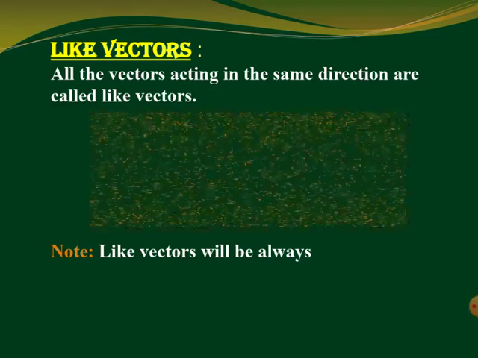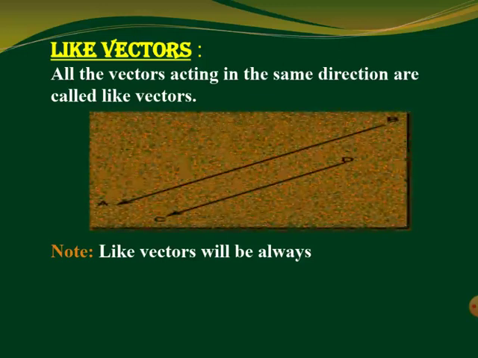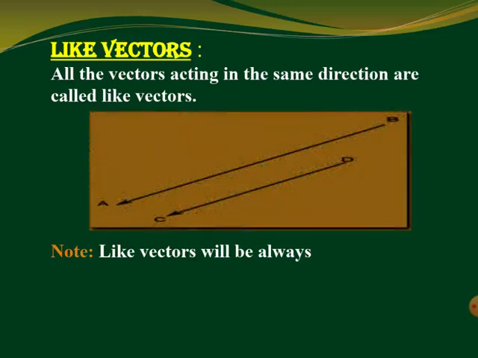These are known as like vectors. So here in the diagram also, BA and DC are like vectors, because these two are parallel lines and the directions are also parallel, toward BA, toward DC, like this.